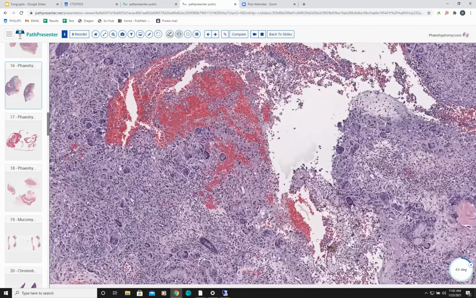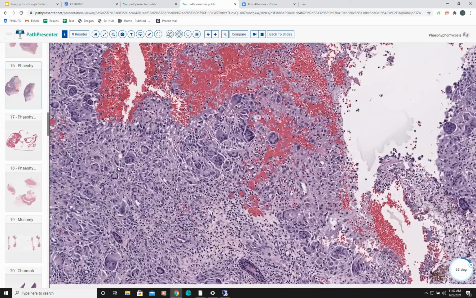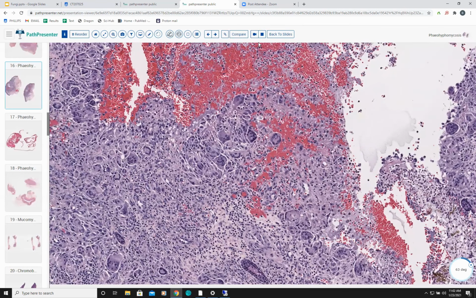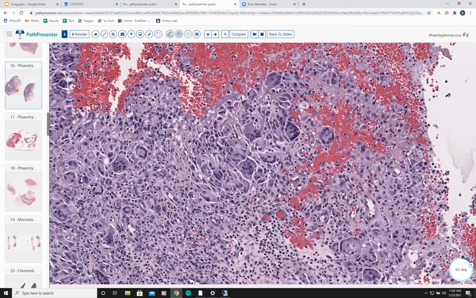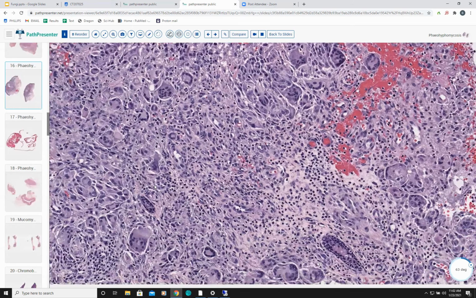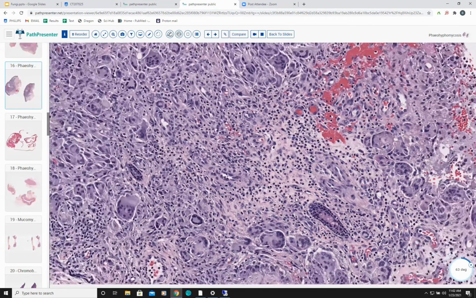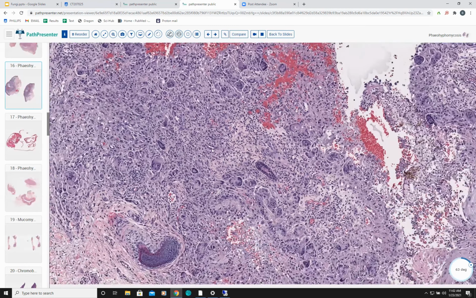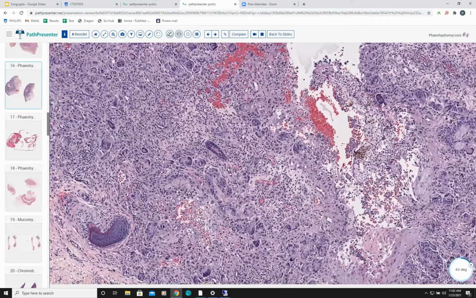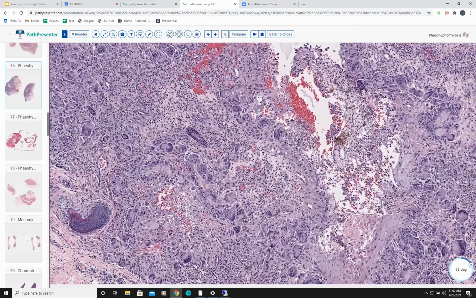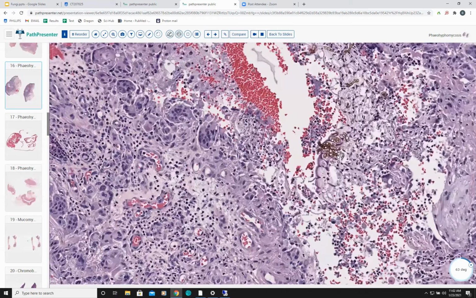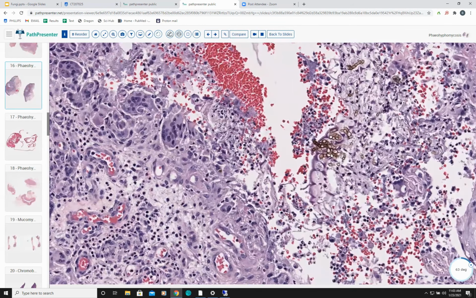Very dense inflammatory cell infiltrate mixed with giant cells and a granulomatous component, lymphocytes, and these neutrophils. And here, again, people see that brown, and there we have the septate hyphae with pigmented walls, and this is phaeohyphomycosis again.